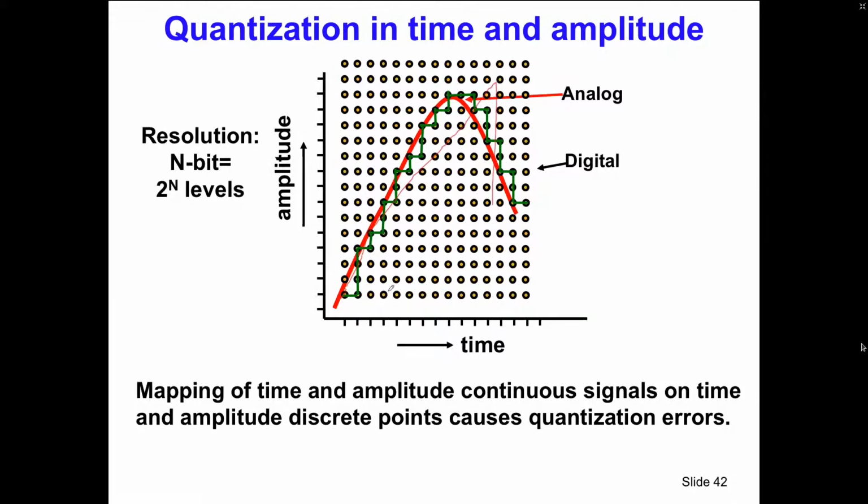This is a very poor signal that I've just drawn onto this grid of discrete points, discrete in amplitude and discrete in time. And obviously, if you have to choose the points in such a way that you have the optimum following of this red curve, then you end up with this green line connecting the points.